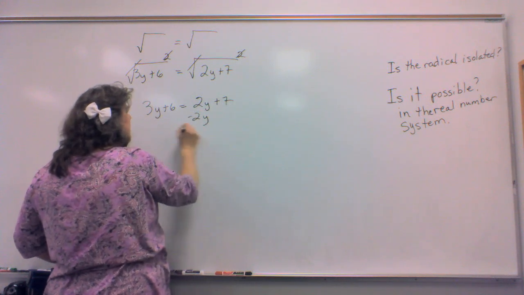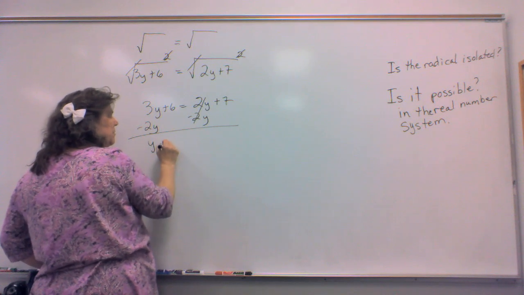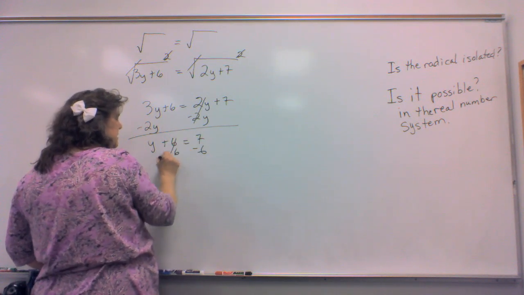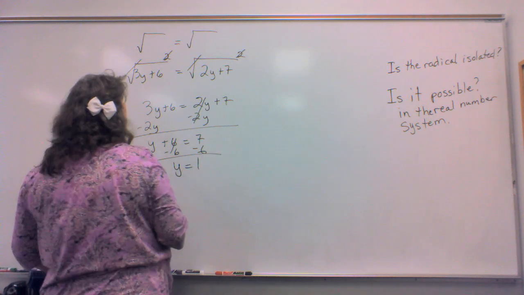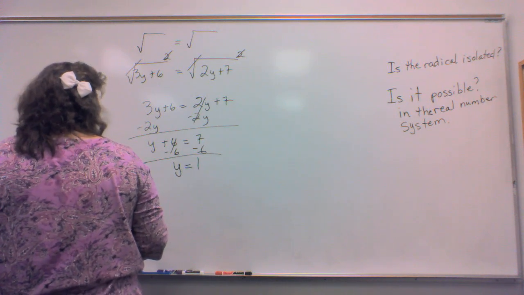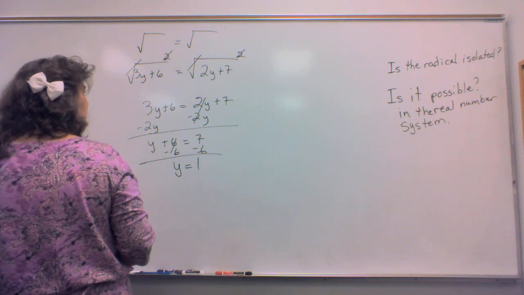Subtract your 2y, and I end up with y plus 6 is equal to 7. Subtract your 6, and y is equal to 1. Okay, and it is a valid answer.